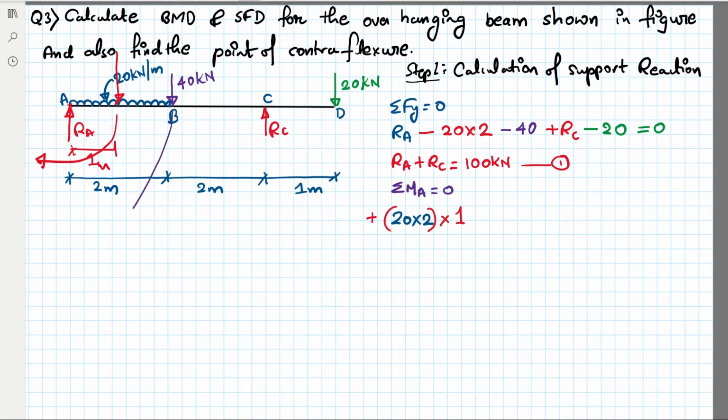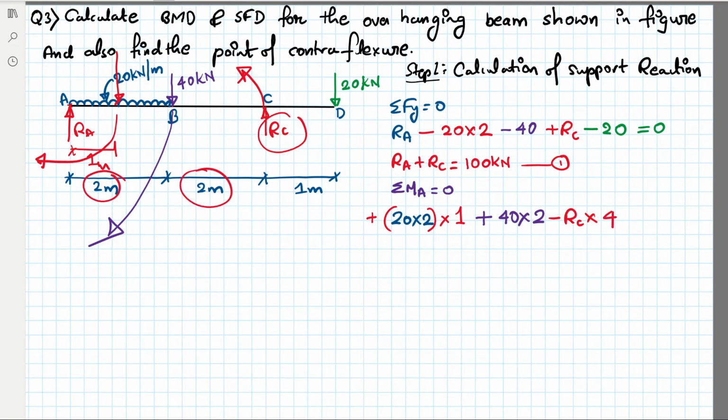About A, it rotates in the clockwise direction, therefore plus 40 into the distance from A, which is 2 meter. Then we have RC. About A, it rotates in the anti-clockwise direction, therefore minus RC into the distance, 2 plus 2 meter, total 4 meter.